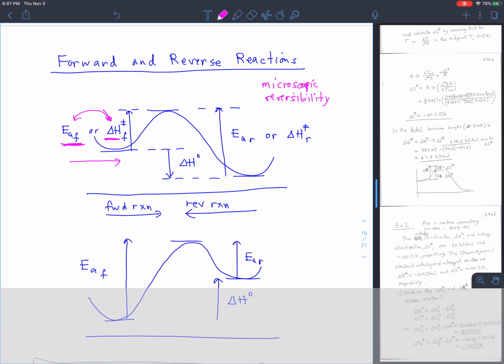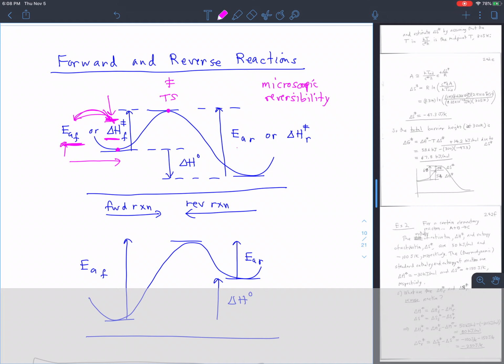There is a difference between the two, but in this class we'll treat them as the same because that's the simple and useful thing to do. So we're going to treat these as equal, the energy of activation and the enthalpy of activation, or the enthalpy to the transition state. That's the enthalpy change as the reactants go up to the top, to the transition state here. So this is what the double dagger always refers to.